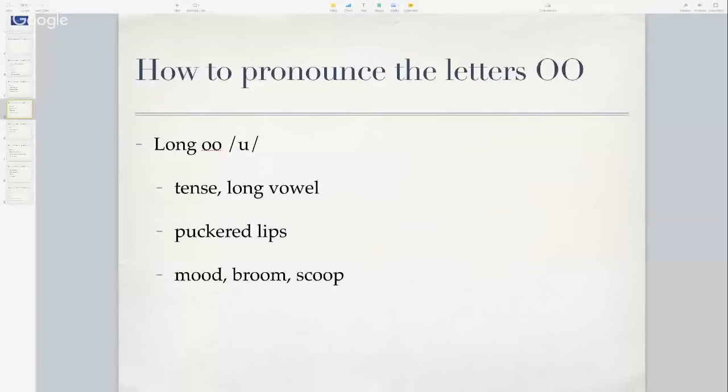Okay, let me go ahead and show you these words. Mood, broom, scoop. Why don't you give those words a try?